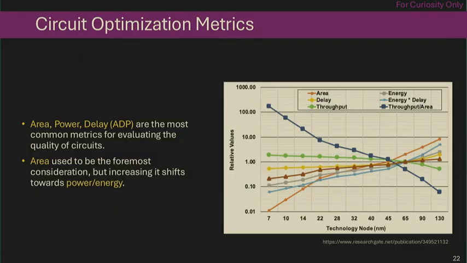And in particular, if you compare area and energy, area is going down quicker than how energy goes down, which means your energy or power density is going up. Within the same given area, you're actually having more power consumption, which translates to more heat.